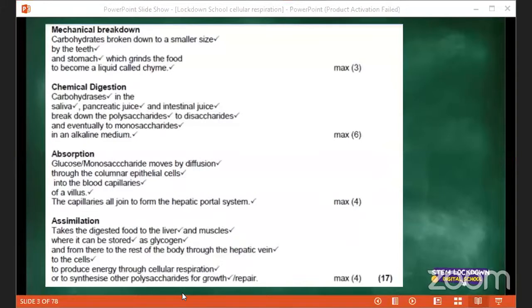I'll give you a minute or 2 just to copy down and mark your answers. Remember, these are answers from Friday's long question, okay?